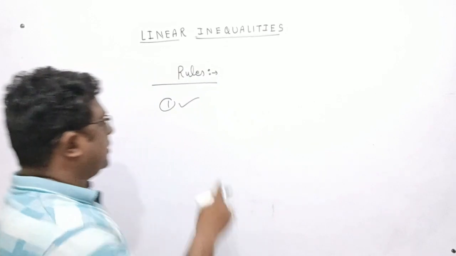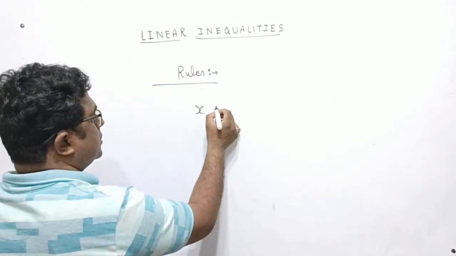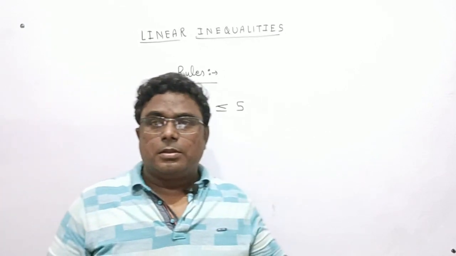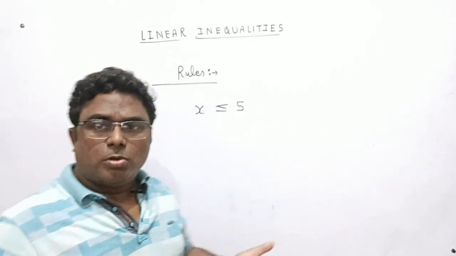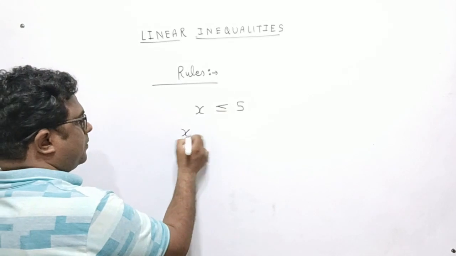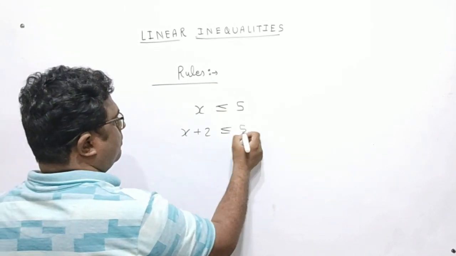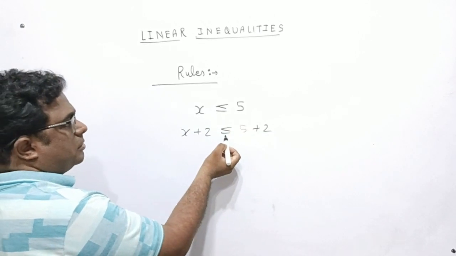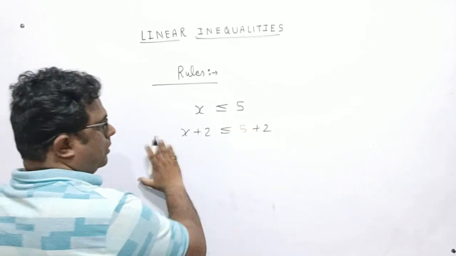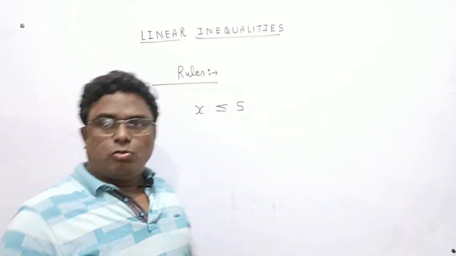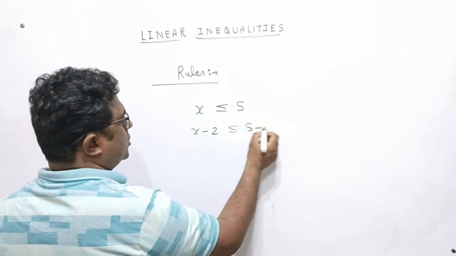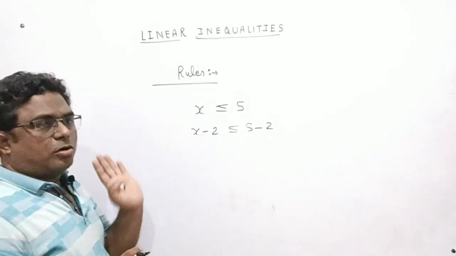Is that clear? Let us see examples for this. If I give you x is less than or equal to 5 and I say add 2 on both sides, then x plus 2 is less than or equal to 5 plus 2. So you see that the sign of inequality is not affected here. If I say subtract 2 from each side, then x minus 2 is less than or equal to 5 minus 2, you see that the sign is not affected.